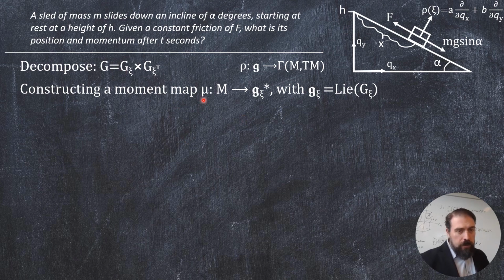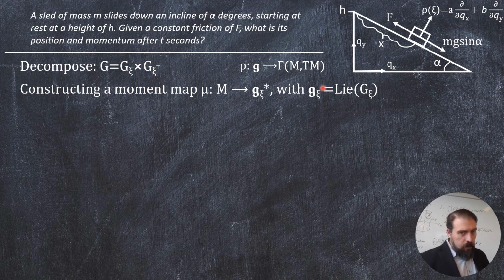So a moment map is something mu from M to the dual of the Lie algebra. And in my case, I want a moment map with respect to this partial Lie algebra. I've decomposed my group. I want to create a partial moment map here.